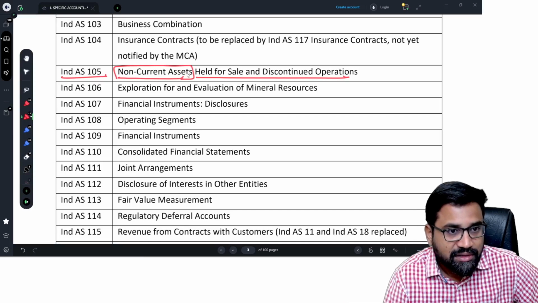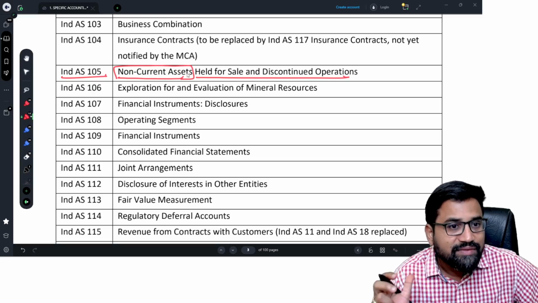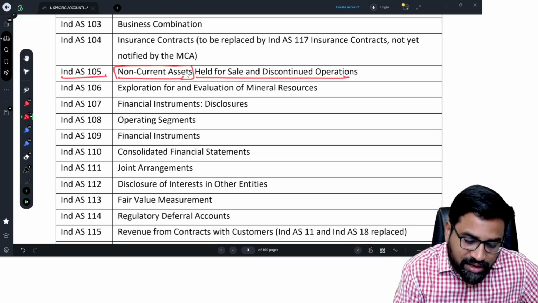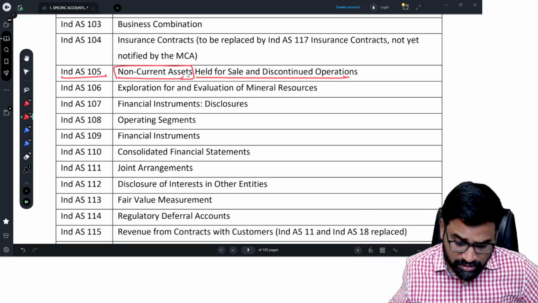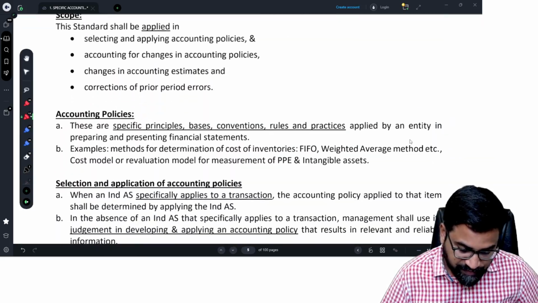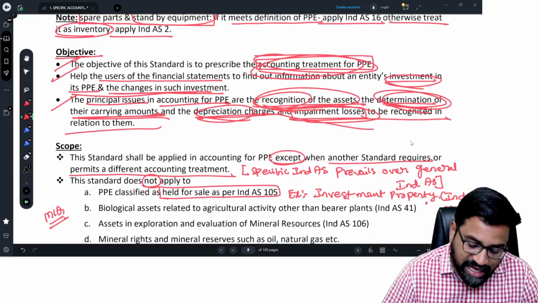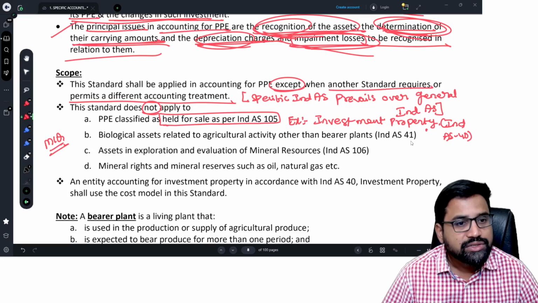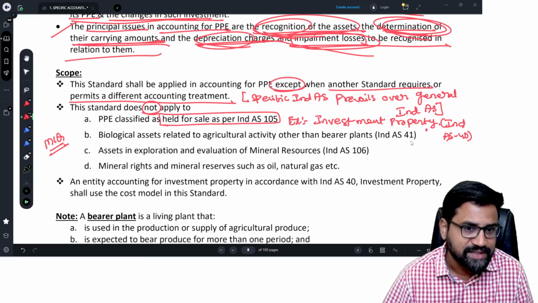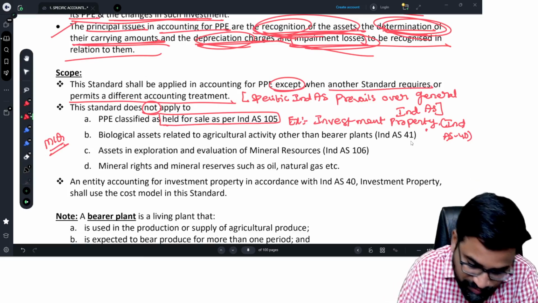That means any PPE which is held for sale is covered under IND AS 105. Therefore, here we should not apply IND AS 16, because I told you, specific always prevails over general standard. When PPE is classified as held for sale, we have a specific standard, IND AS 105. Follow that standard. Don't come to IND AS 16, because we have not drafted any principles relating to it.